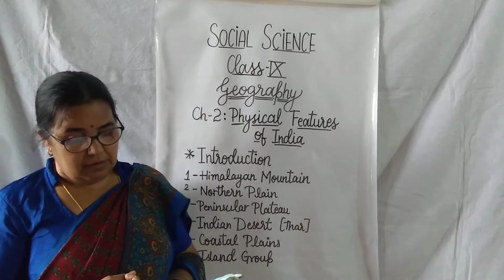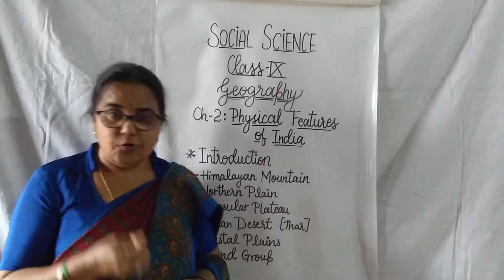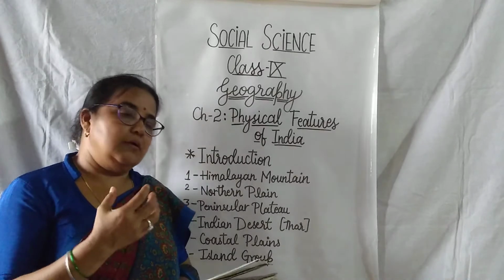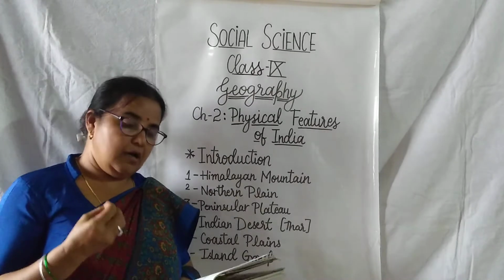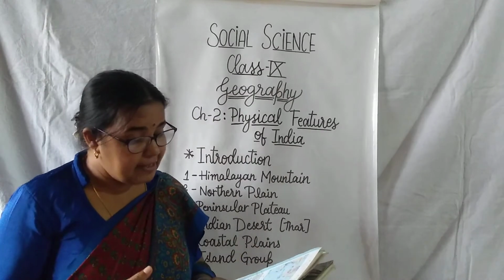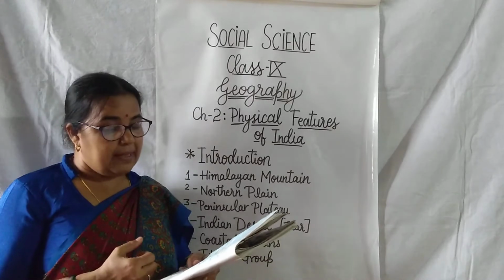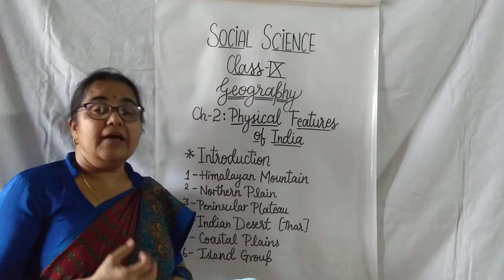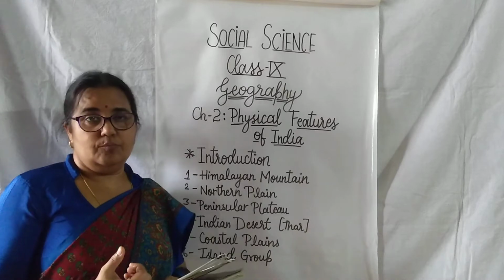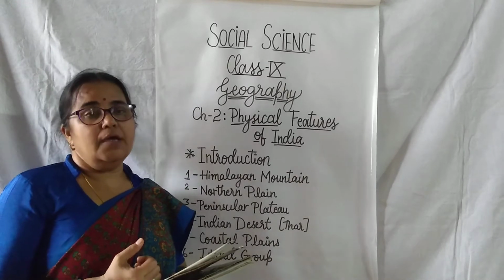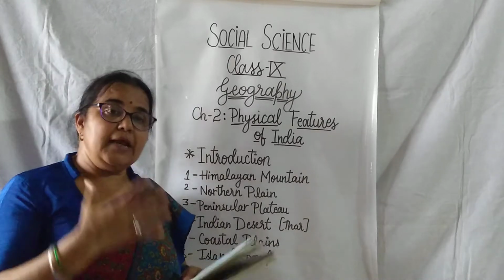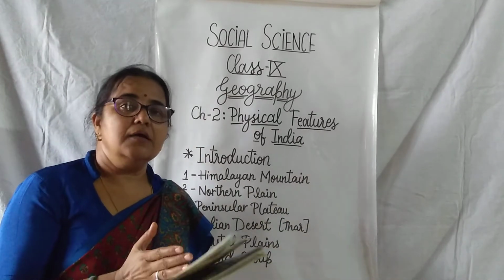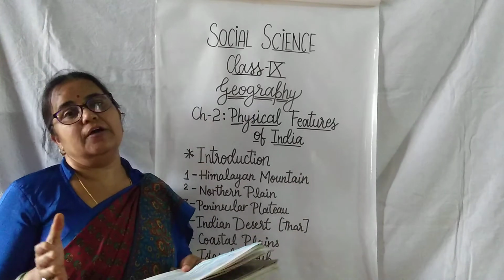According to your book, in Gondwana land, India, Australia, South Africa, South America and Antarctica were all part of this land millions of years ago. But due to these plate movements, all these lands split from one another.